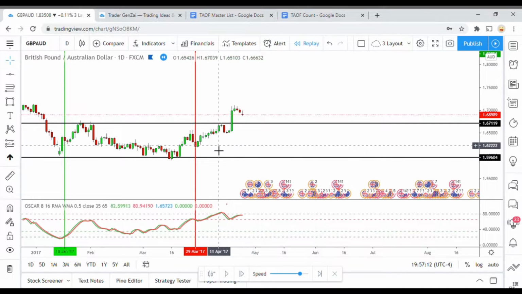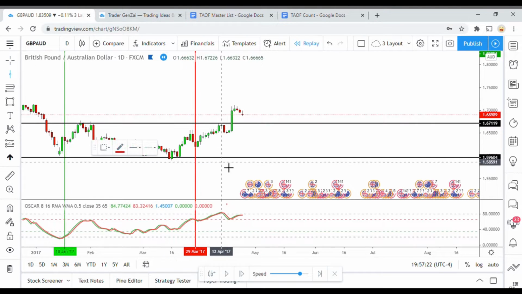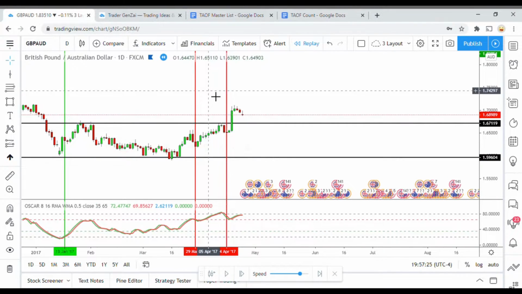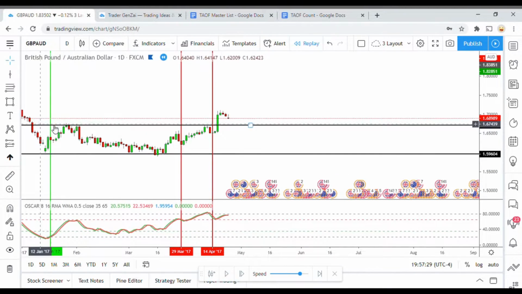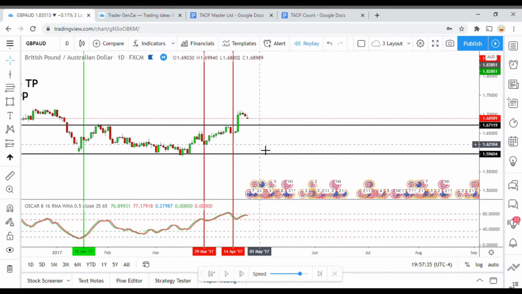Ooh, shot right up and out of there. Picked up another short right here though. There we go. Market makers will do this. They like to run a position up like this. 1, 2, 3.